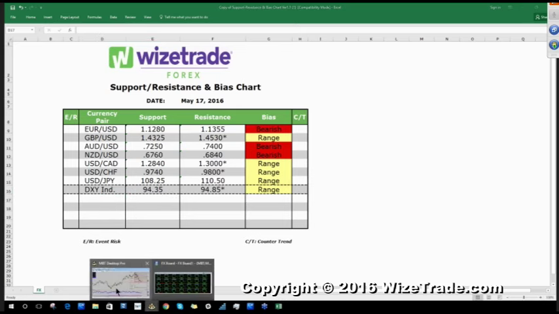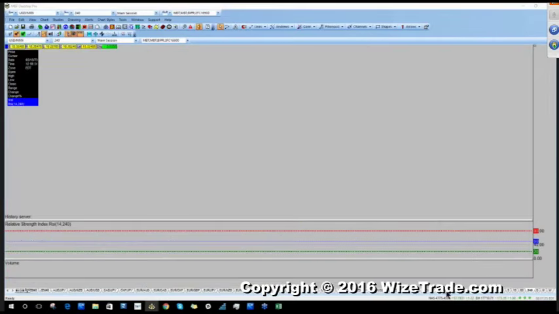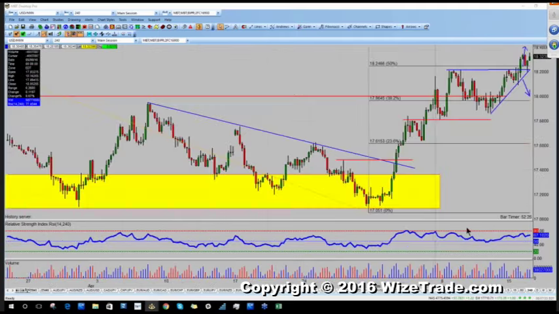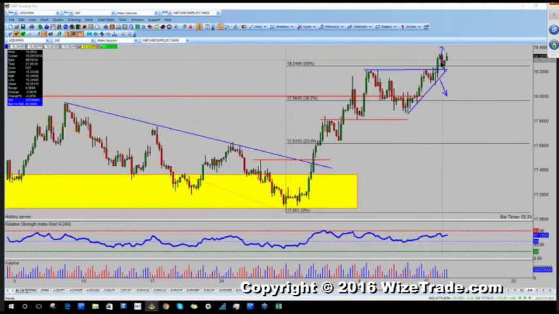All right, let's take a look at the peso. Now this has been amazing. I cannot explain to you guys what an amazing move this has been.